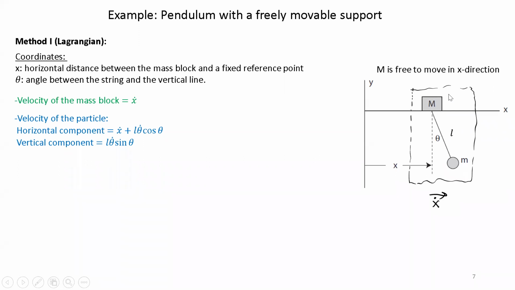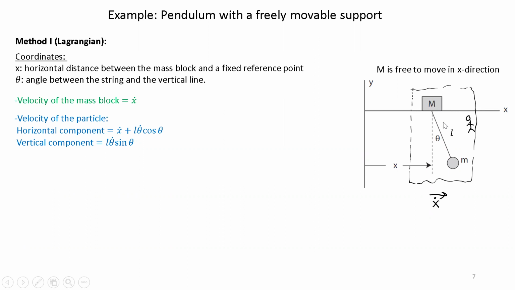Now if you are in this reference frame inside this box, what you see first of all is that this big mass is not moving, because the velocity of this big mass is x dot and your reference frame is also moving at the same velocity x dot.